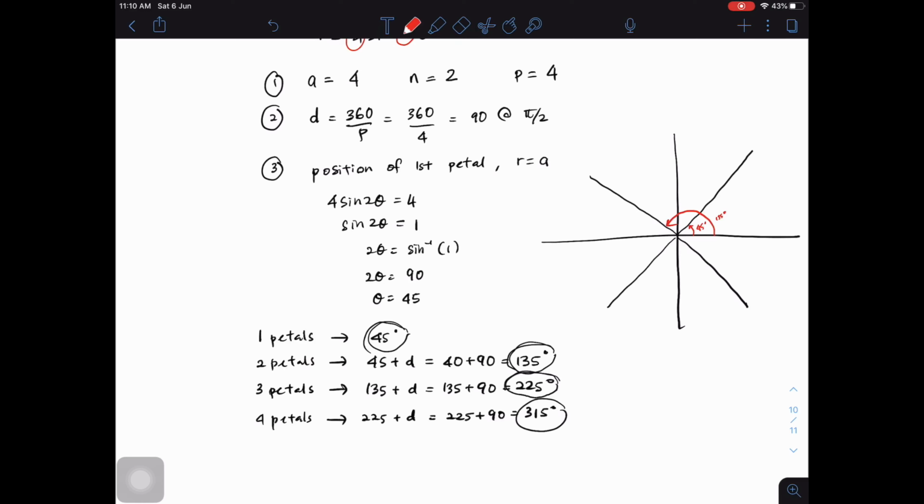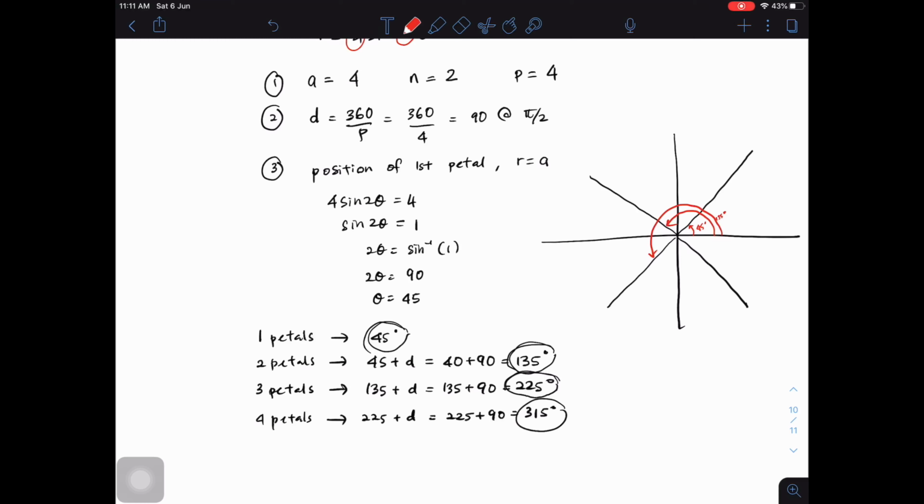From your polar axis to the third line here, you will have theta equal to 225 degrees. And from the polar axis to the fourth line here, you will have theta equal to 315 degrees. And the complete theta for this axis is 360 degrees. That is the meaning of theta here.